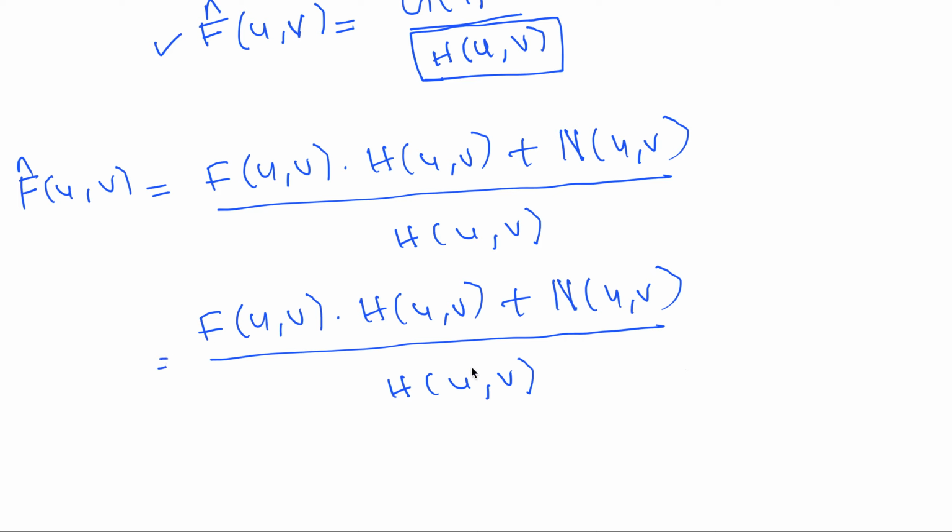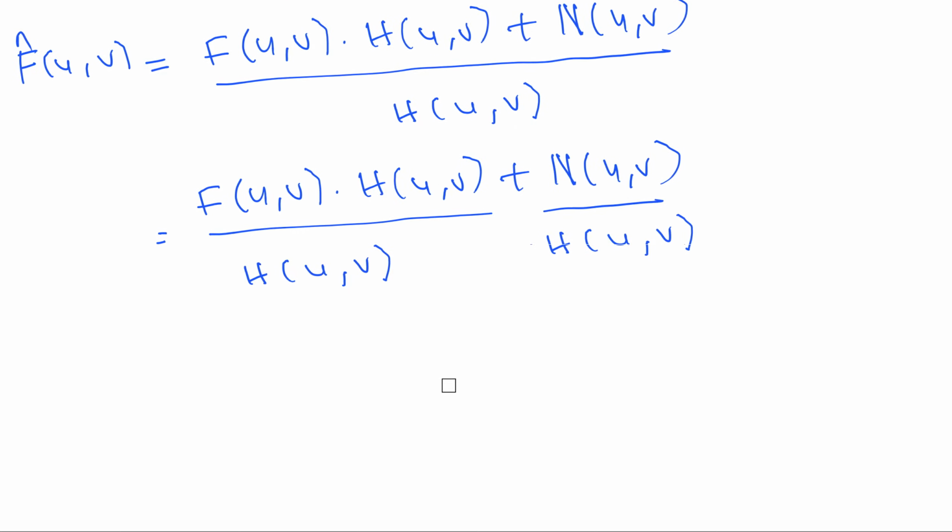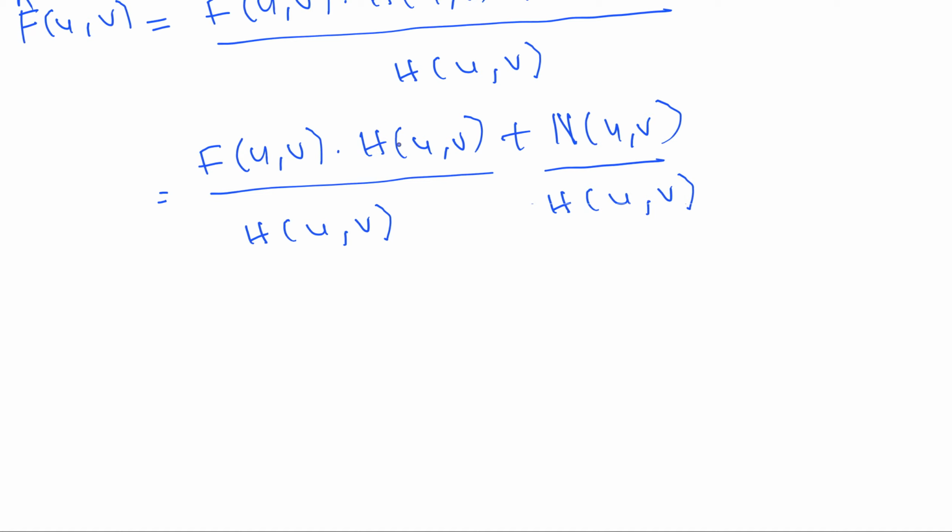If I split this division by h of uv between the numerator terms separately, I can write it as two terms. Looking at the first term, we are multiplying with h of uv and dividing by h of uv, so there is no final effect, and I can just write it as f of uv.